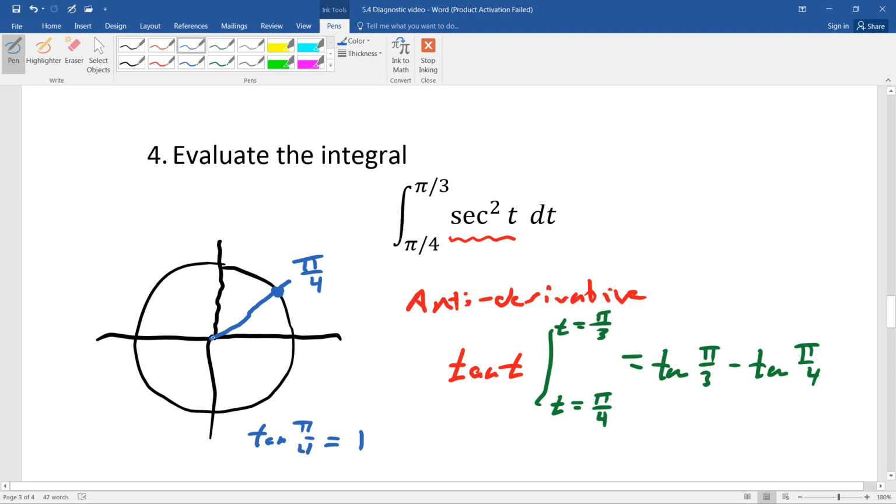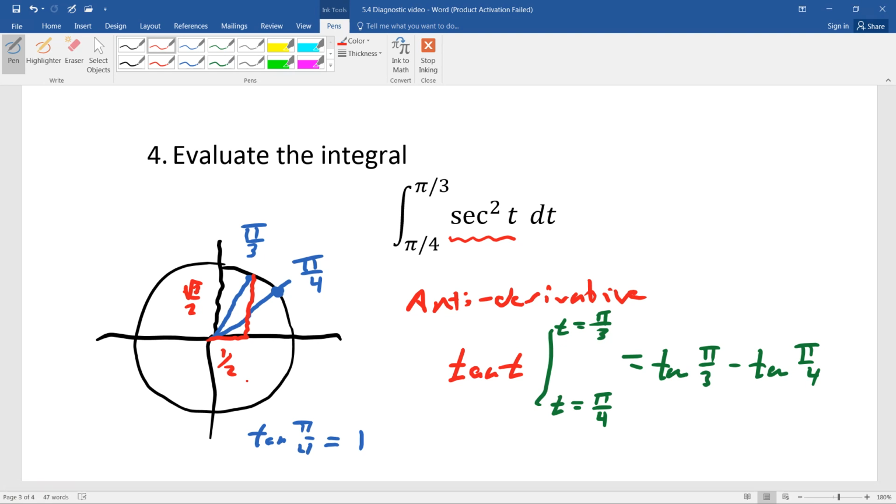Pi thirds is 60 degrees up here, and if I want to know the sine and cosine of pi thirds, you should remember the numbers square root of 3 over 2 and 1/2 should be familiar values for sine and cosine. And here, because pi thirds is 60 degrees, the x-coordinate is shorter than the y-coordinate.